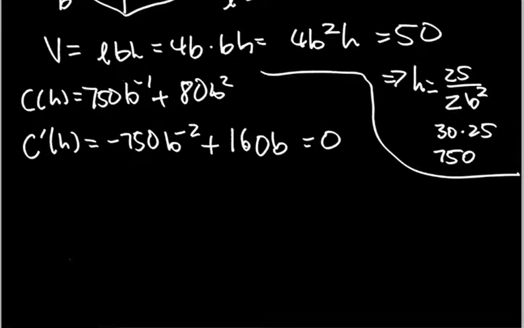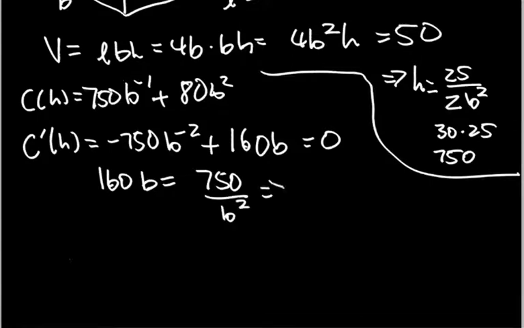So let's see, what can we do with this? 160b equals 750 over b squared. I'm just going to write it that way. Multiply b squared to both sides, divide by 160, we get b cubed equals 750 over 160. This is going to be crazy.